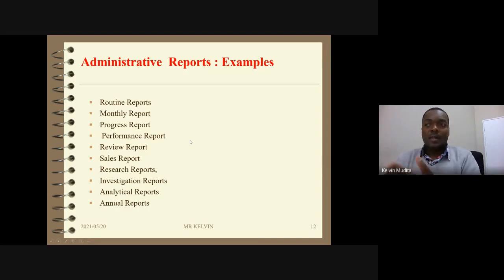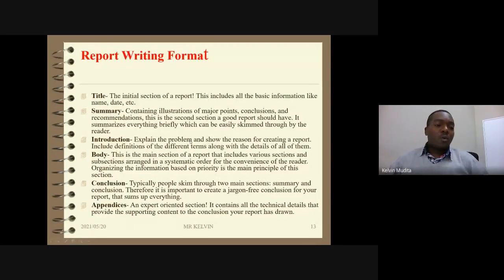Right, so these are just examples. Basically, what distinguishes a report from other sources of writing is simply the format. That is why on the screen you can see the report writing format, which basically says each and every report should have a title, and instead of ending with a summary, each and every report starts with a summary.